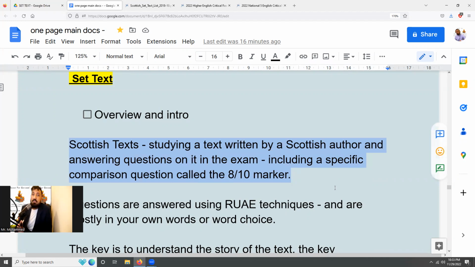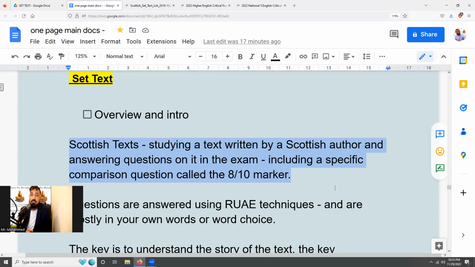So you have two exams in English, both Nat 5 and Higher. One is your RUAE exam, the close reading exam where you use word choice, your own words, comparison, and so on. Then you have another separate exam, the critical reading exam.